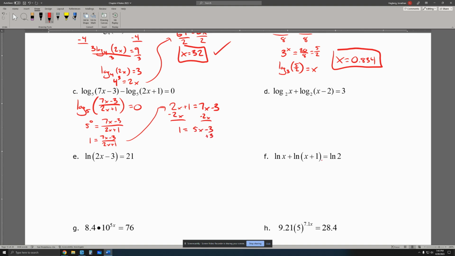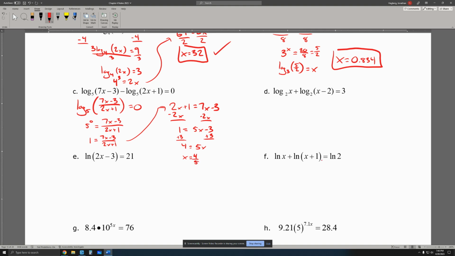And finally adding 3 to both sides here, we get 5x is equal to 4, or x is equal to 4/5, dividing both sides by 5. All right, so x is equal to 4/5.